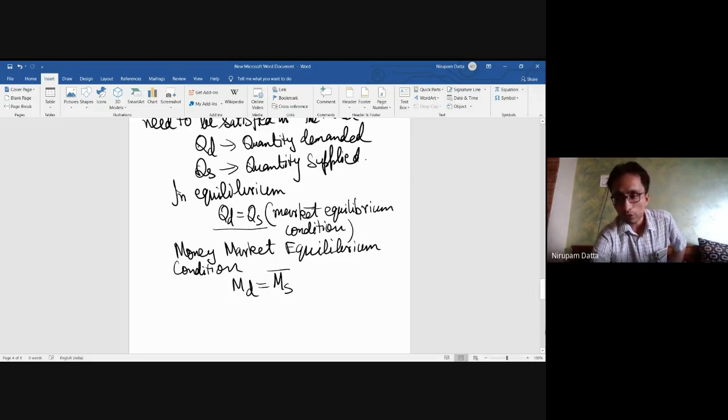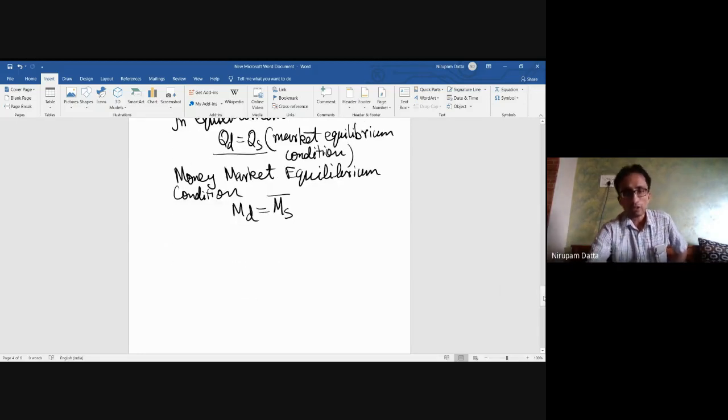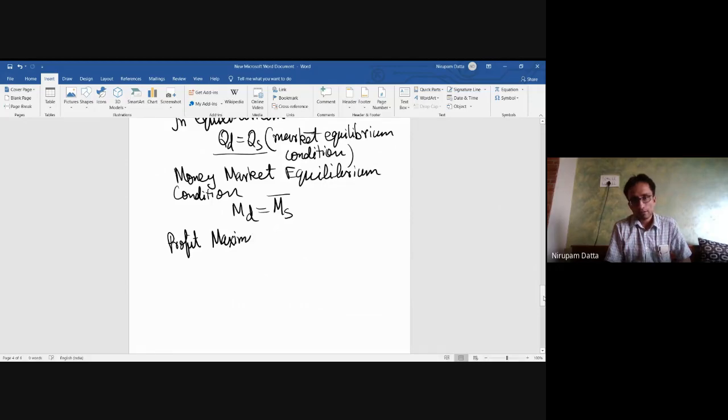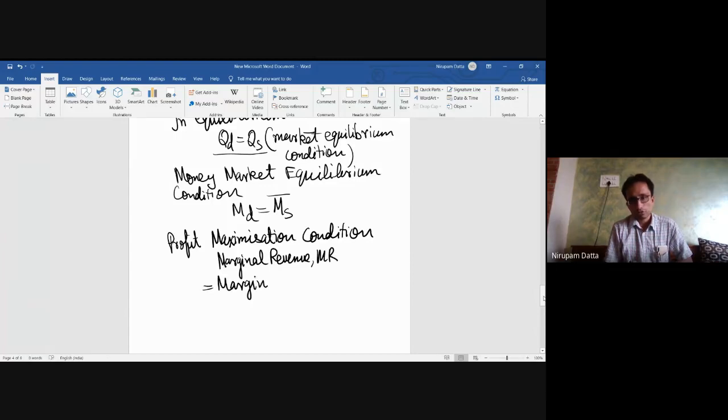Now there is one more condition, the profit maximization condition. So what does it mean? It means marginal revenue should be equal to marginal cost.